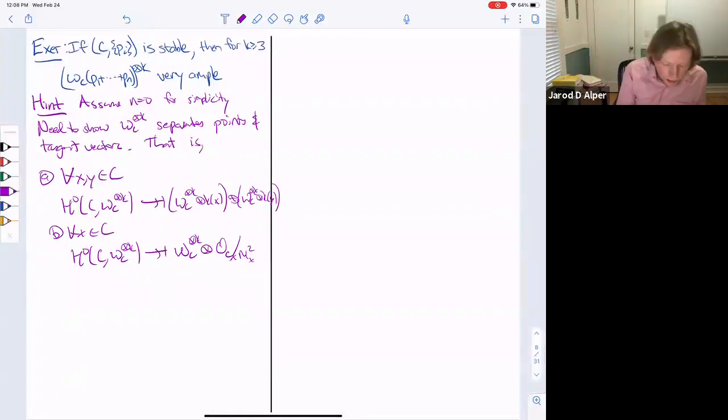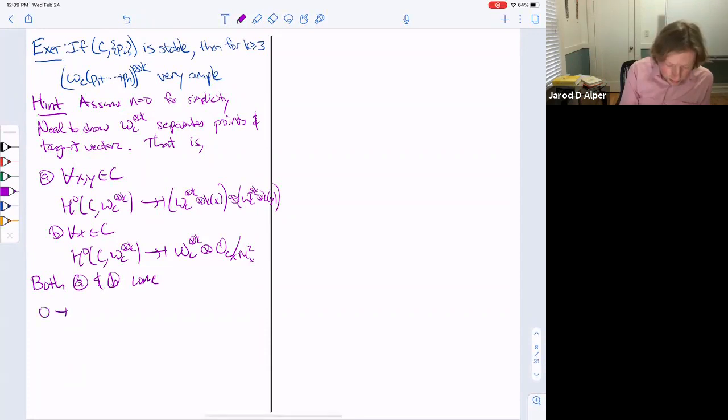All right, and now you realize that both A and B come from an exact sequence in cohomology. Namely, I have omega C, and I can tensor it with the maximal ideals of x and y.